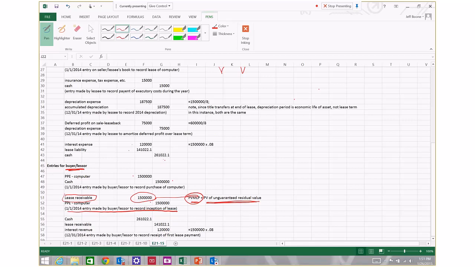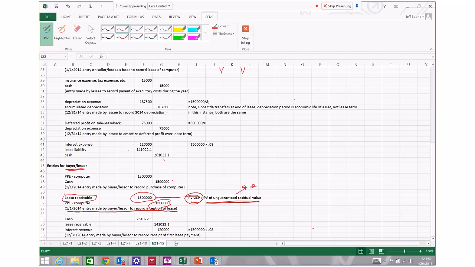So they're going to debit lease receivable for that $1.5 million. Again, zero unguaranteed residual value. And then they're going to remove the computer from their accounting records because they lease the equipment. So they're going to credit the property, plant, and equipment account $1.5 million. That's the entry they make to book the lease part of the transaction that took place on 1/1/2014.